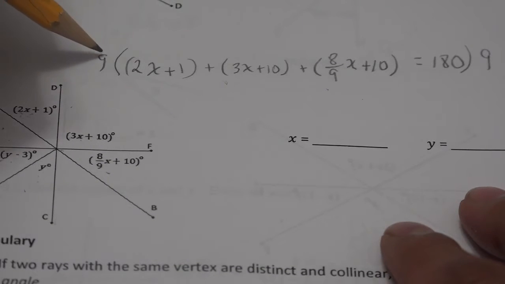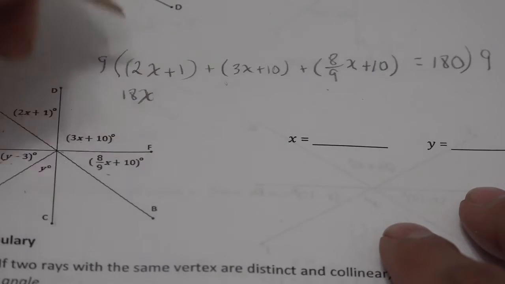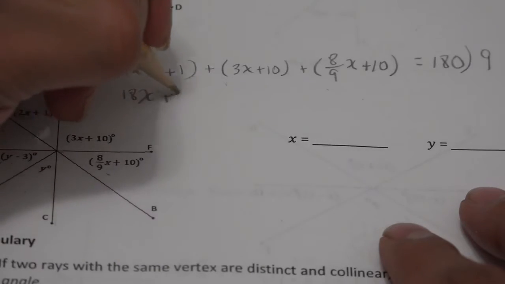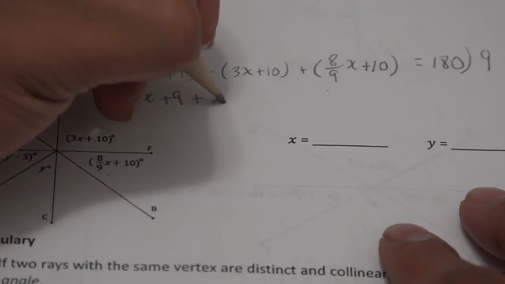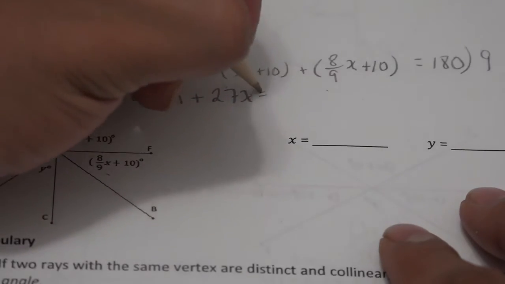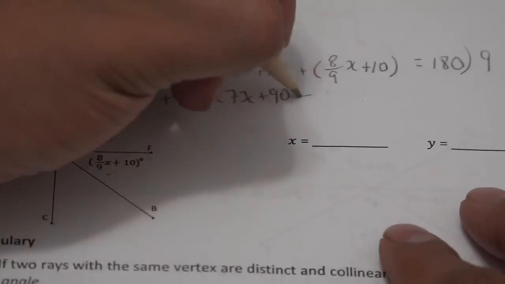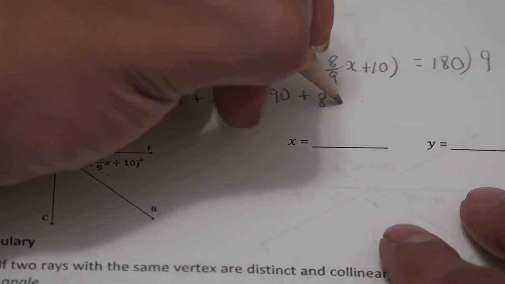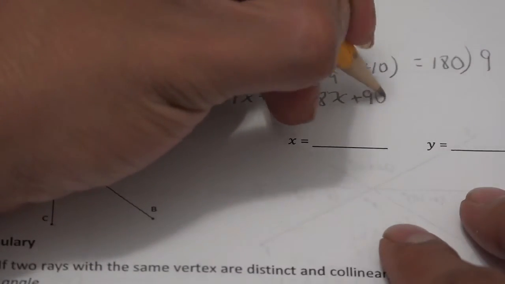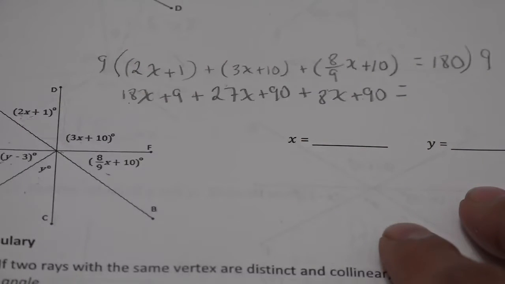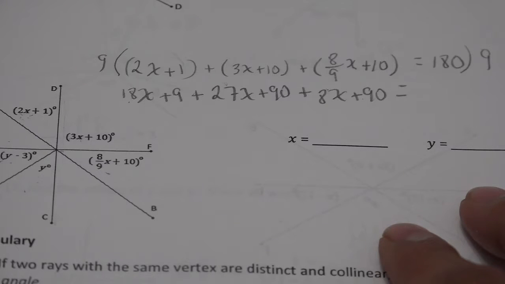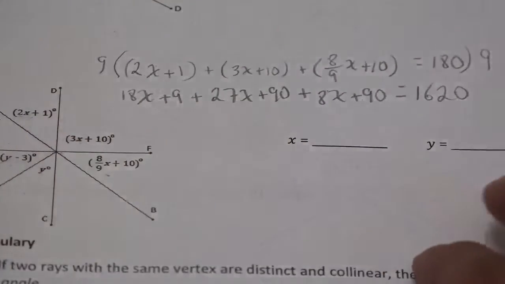Okay, so then what do I have here? 18x plus 9 plus 27x plus 90, plus, you already know what's gonna happen here, 8x, plus 90 equals, and then tell me what 180 times 9 is. Very good. 1620.